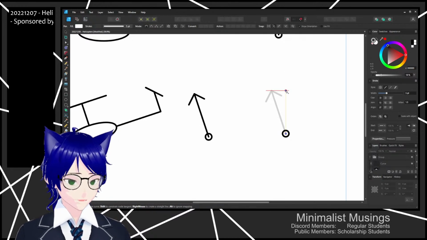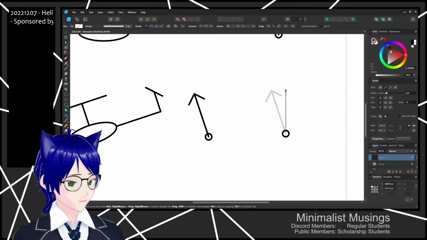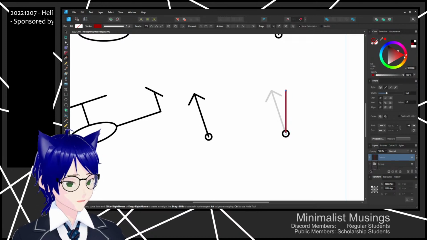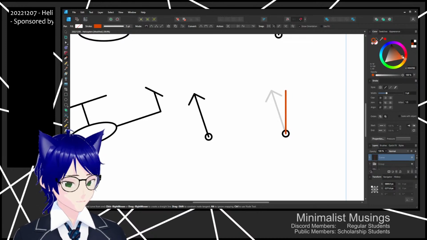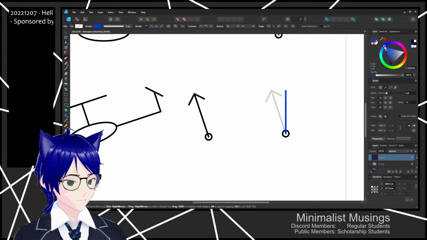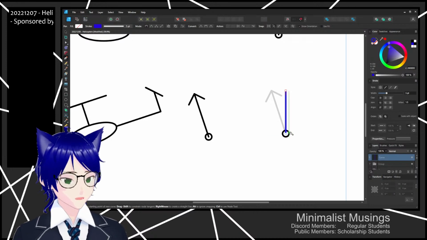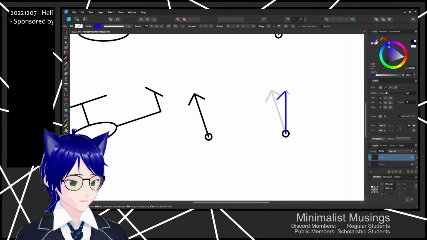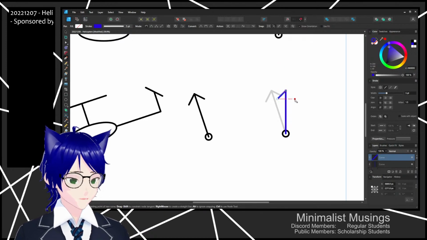Take one that goes up to here. Oh, blue. Yeah, let's do blue. Okay. And so there's a blue component of this force, and this is actually all just physics at play now.